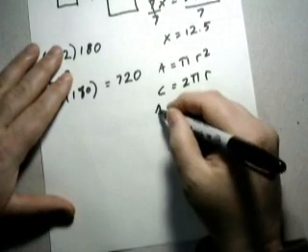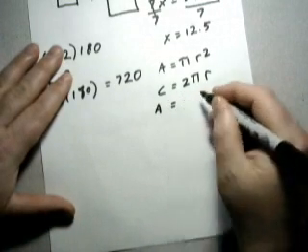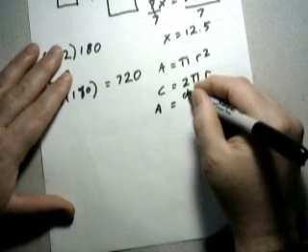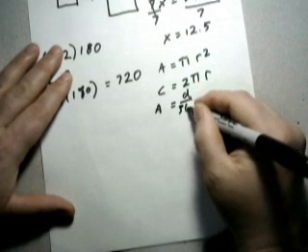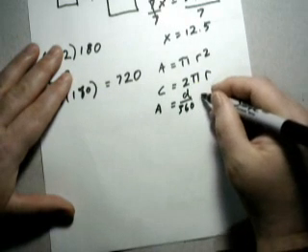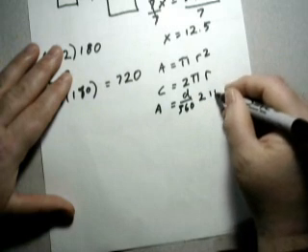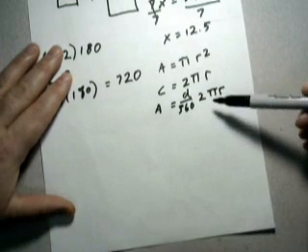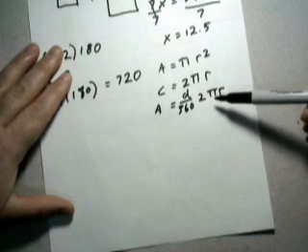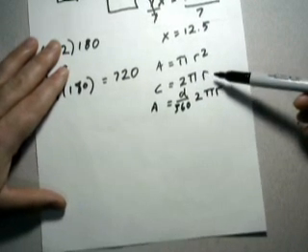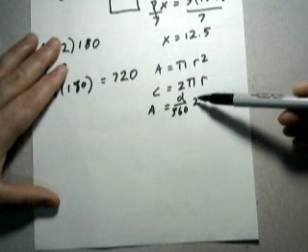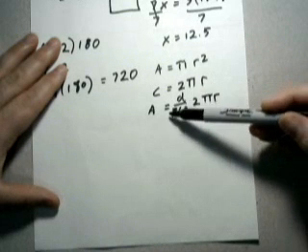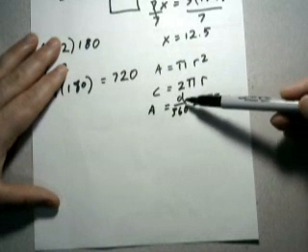And then the arc length is equal to d over 360 times 2 pi r. So the arc length, what we're doing is we're finding part of the circumference, remember? So that's where this proportion comes in.